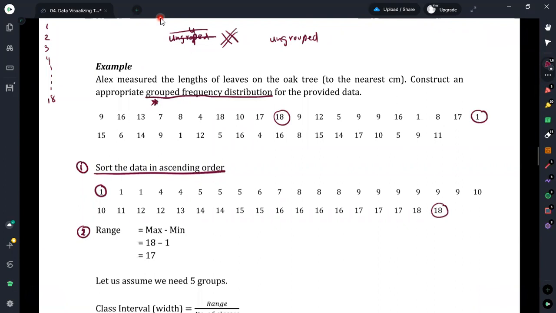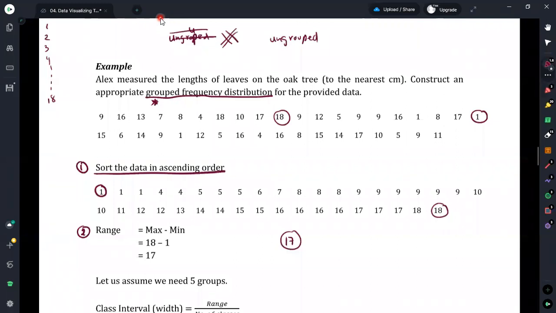To calculate the range, we take the difference between the maximum and the minimum value. Here we can see that the maximum value is 18 and the minimum value is 1. Therefore, the range for this data set is equal to 17.